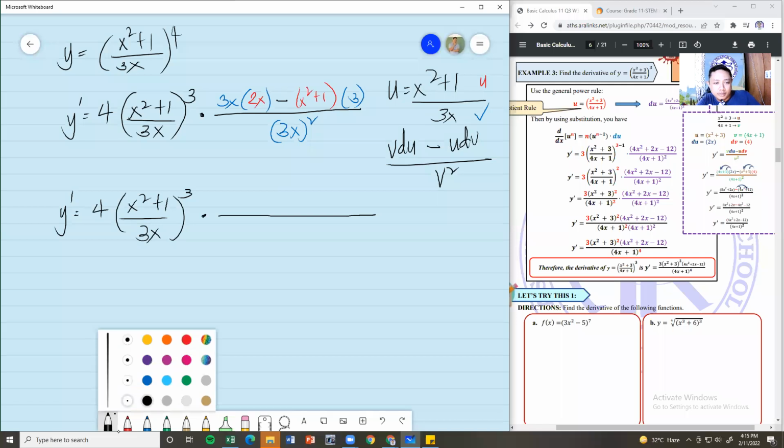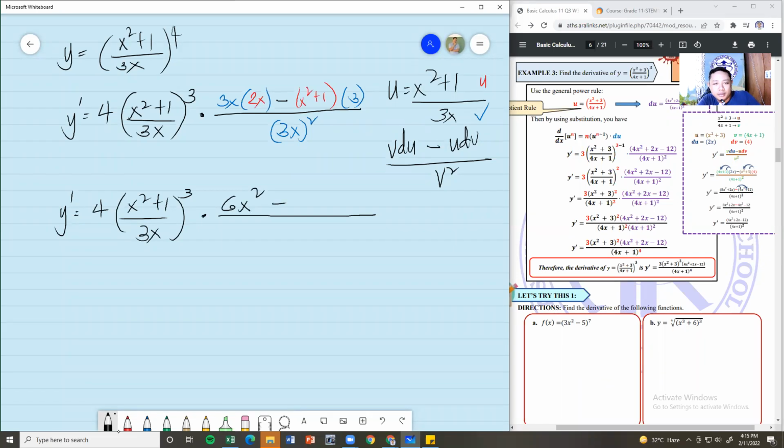Very simple. 6x squared. Di ba? Easy. Minus. This one, can we distribute the 3 to these terms? Yes or no? Yes, of course. Because there is no other exponent here unless 1. Since it's only 1, we can distribute it.